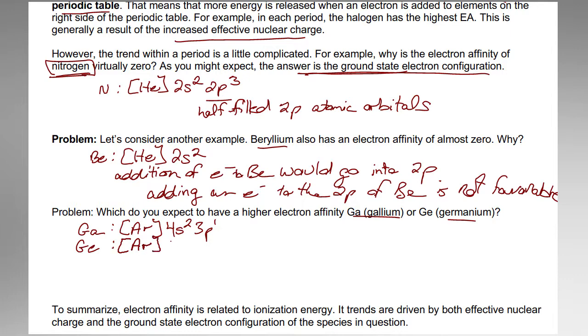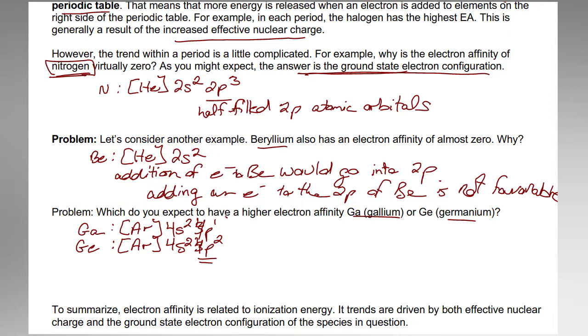Germanium is immediately adjacent to gallium on the periodic table. It's in group 4A under carbon and silicon. So it has a ground state electron configuration in which the open vacancies are in the 4p orbitals. Sorry, those should say 4, not 3.